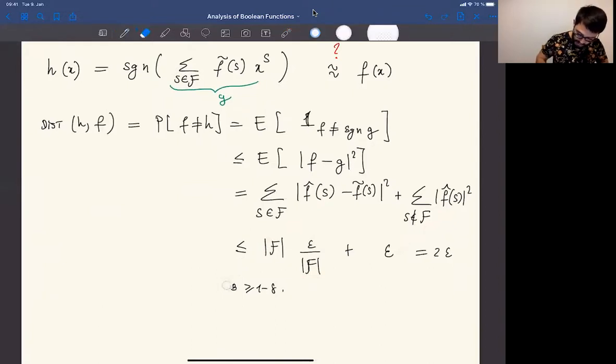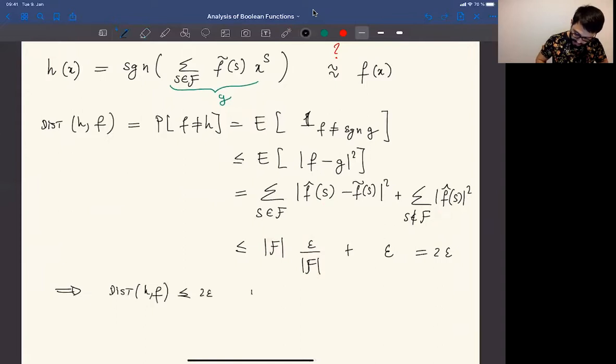So in the end, I get that the distance of h to f is less or equal than 2 epsilon with probability greater or equal than 1 minus 2 delta. Okay, because you have to put the two algorithms together, and so that finishes the proof.